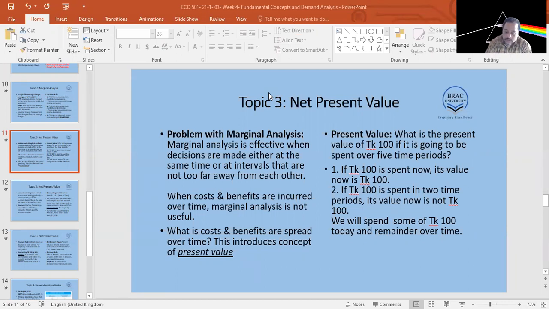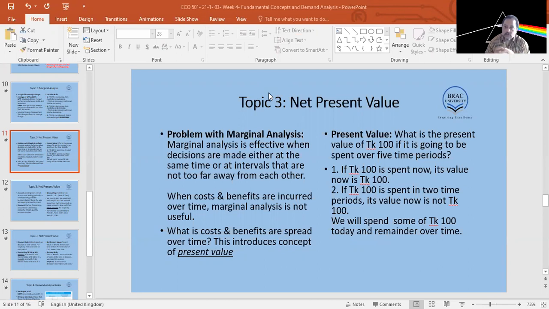If we are going to spend this money right now, in this particular time period, then this 1000 taka is worth 1000 taka. Now let us assume that you have to go to your class 10 times a week and you have to travel by bus. Each time an up-down bus fare is 100 taka. So you pay 100 taka for a return journey, and in 1 week, you are traveling 10 times.